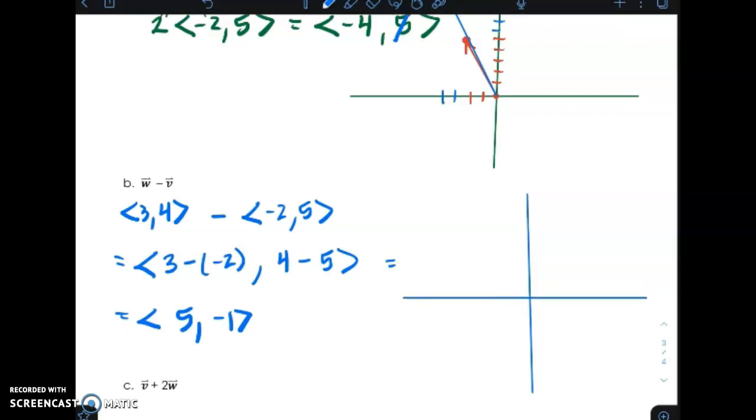All right, so my original 2, let's graph those. We've got 3, 4. And then we've got -2, 5.